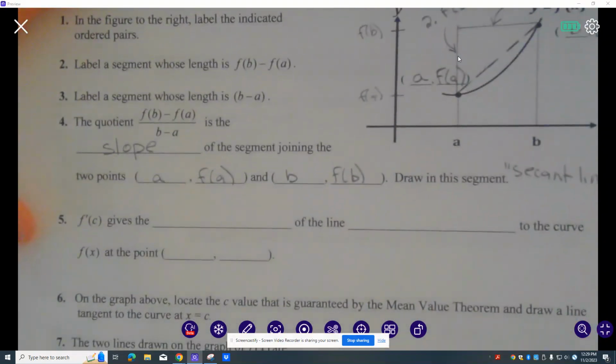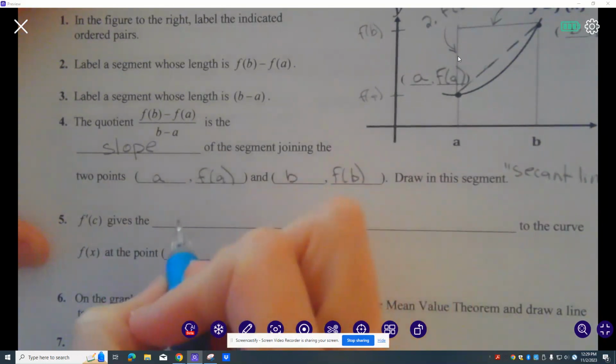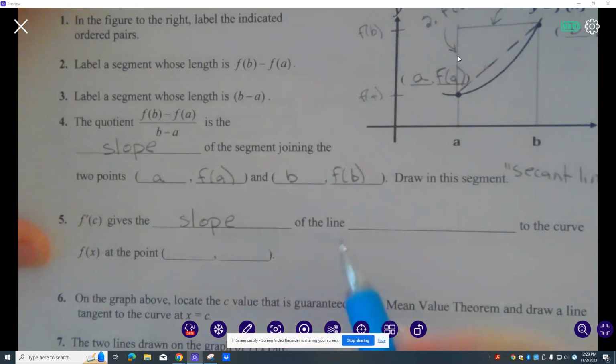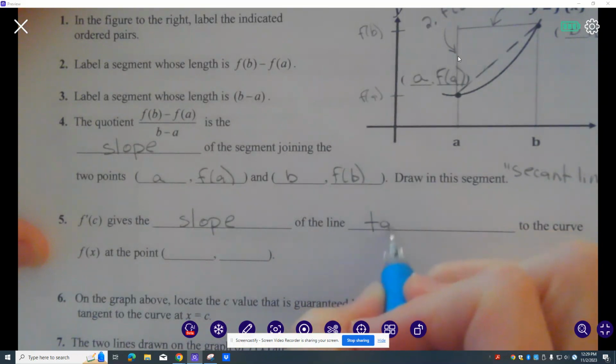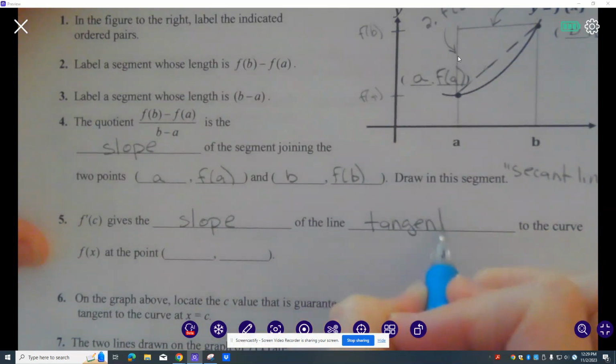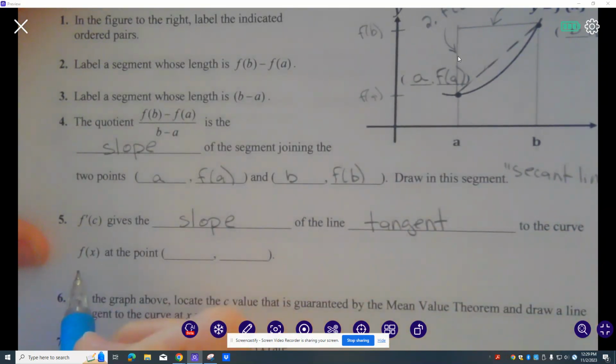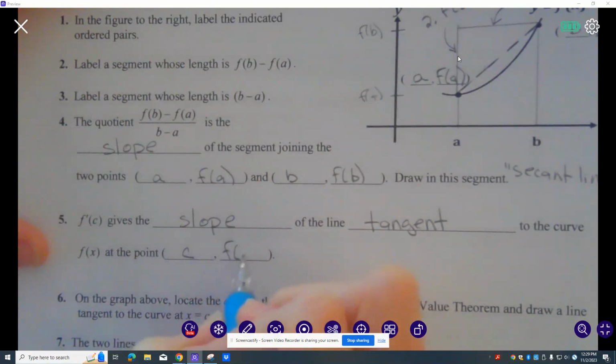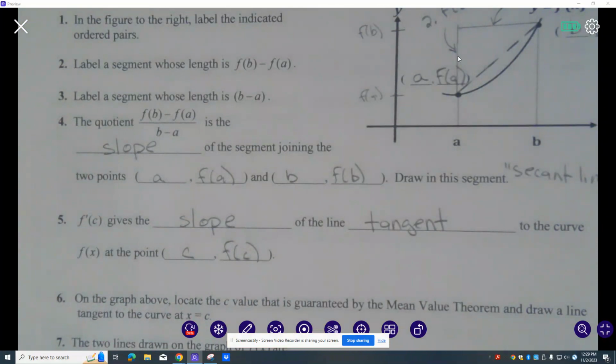Now, derivative gives the slope of the tangent line. So it gives the slope of the line tangent to the curve of f of x at the point C, f of C.